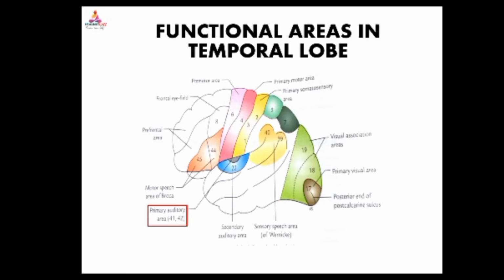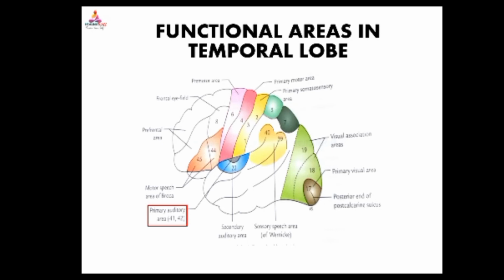The primary auditory area is located in the inferior wall of the lateral sulcus, and to be very specific, on the superior surface of the superior temporal gyrus, occupying the anterior transverse temporal gyrus, and extends slightly to the adjacent part of the superior temporal gyrus.